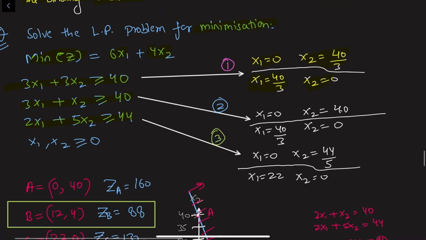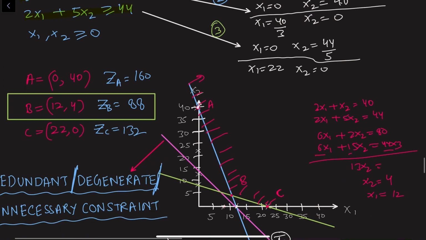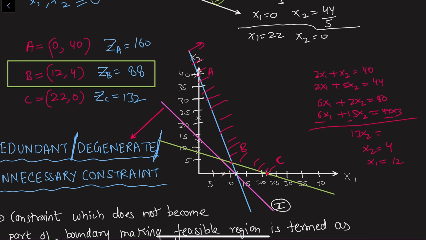Also, one thing you notice is that it is greater than or equal to, which means the feasible region should be above this line. That greater than sign basically says above or on the line. So for my pink line, the region will be forming like this. This is my feasible region because it's saying on the line or above the line.